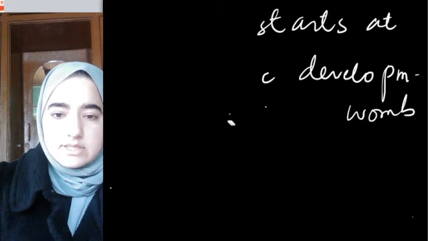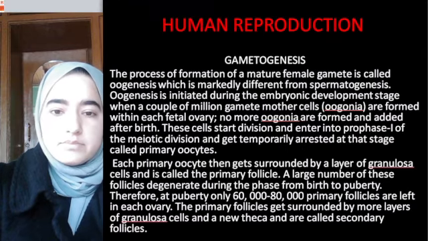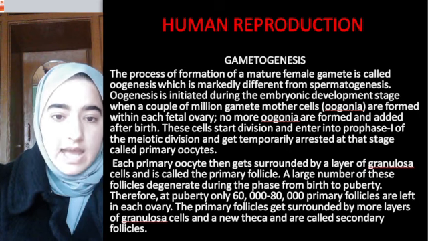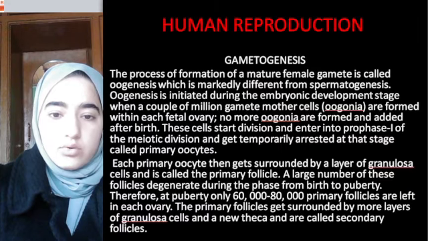They are formed within each fetal ovary, and they are known as oogonia.